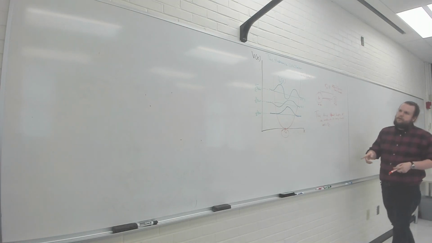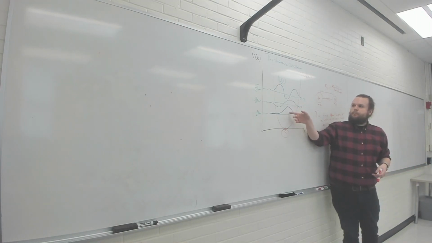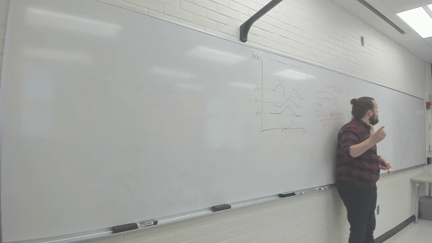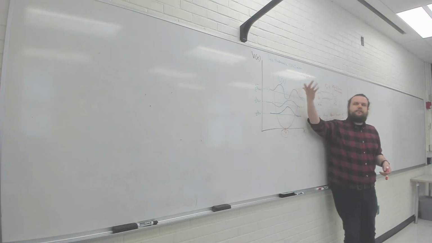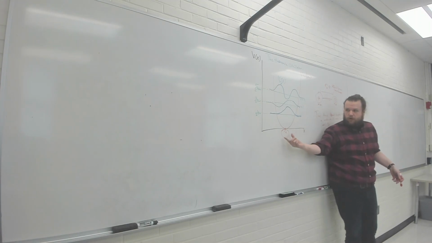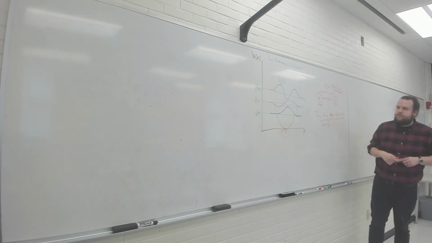It's right in the middle. And we'll show that the average bond length of each wave function, each state of the molecule, V0, V1, V2, all of them, is R sub E. On average, the bond length is R sub E.